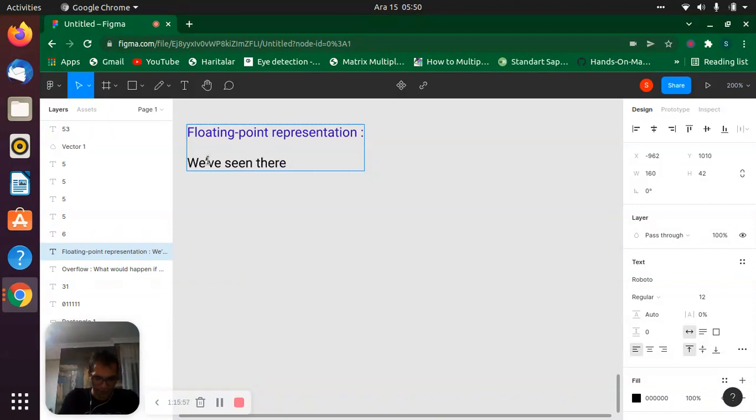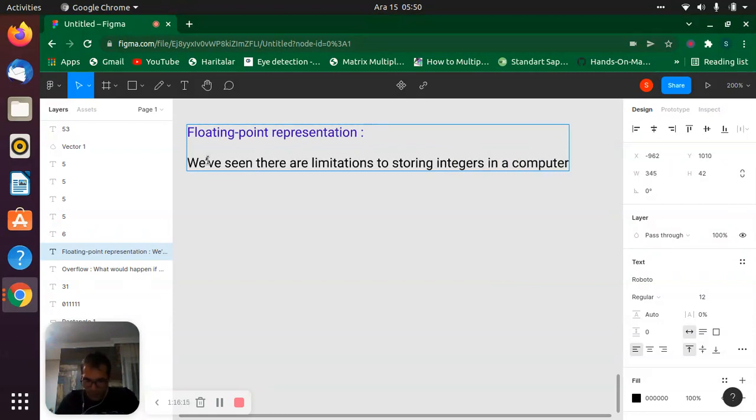We've seen there are limitations to storing integers in a computer.